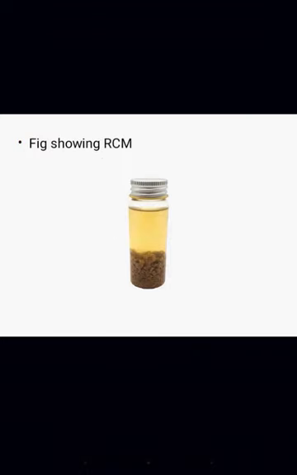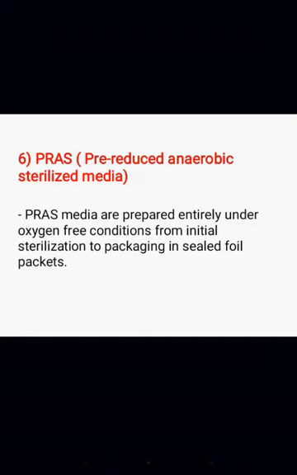This is the diagram showing Robertson's cooked meat medium. In this bottle, you can see at the bottom there are pieces of meat particles. Then the last method is the pre-reduced anaerobic sterilized media. These media are prepared entirely under oxygen-free conditions from initial sterilization to packaging in sealed foil packets.